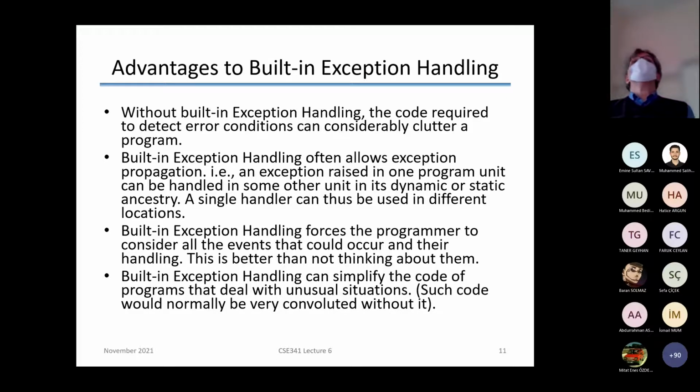Of course, this doesn't mean that you would respond to it. You can still ignore it, and in many cases we do that. We write a catch statement but don't do anything in it, or we just terminate. But at least the language itself is forcing you to think about it. Even if it is just a termination, you are aware that there is something happening there. Otherwise, you might not be aware of that fact.